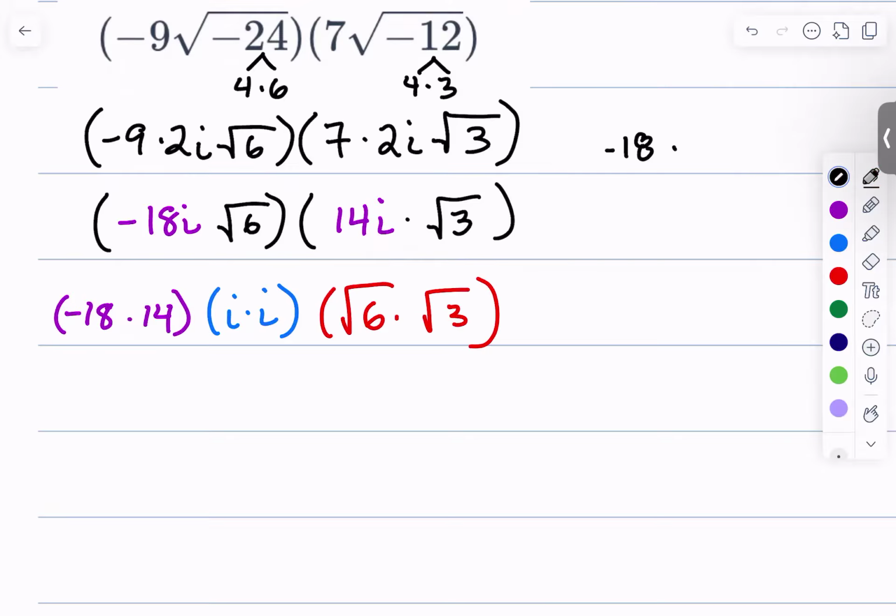negative 18 times 14 is the same thing as negative 10 times 14 plus 8 times 14, correct? Yeah, if you do this multiplication in your head or without a calculator. So this would be negative 140. Now, I'm going to get rid of the negative for now because I know the answer is going to be negative.